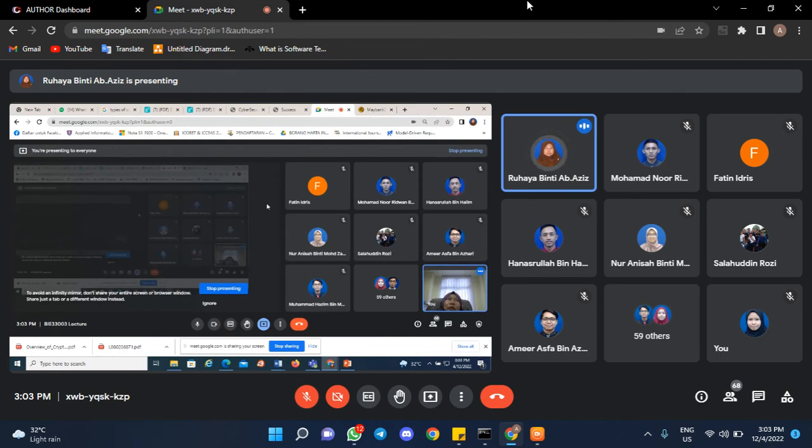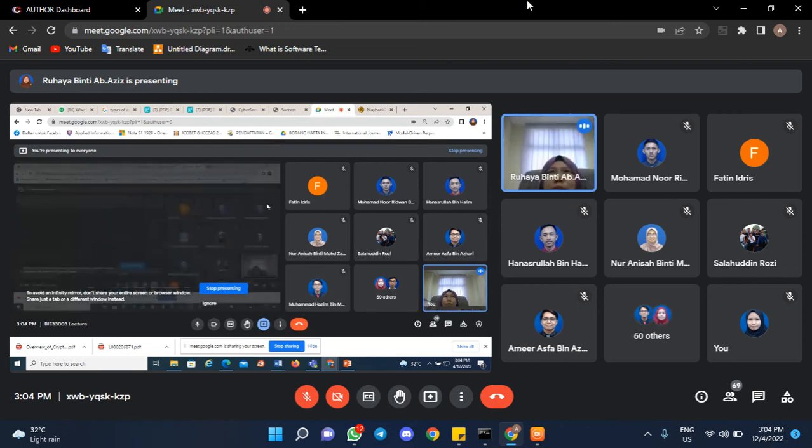Kalau you sebagai pengguna, you rasakan RSA dengan ECC mana lagi bagus? Mana lagi secure? Can you guess which one is more secure?